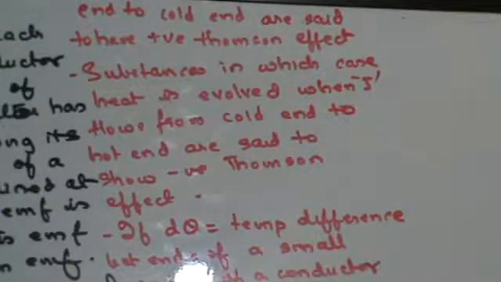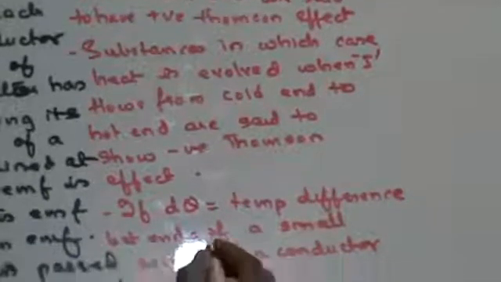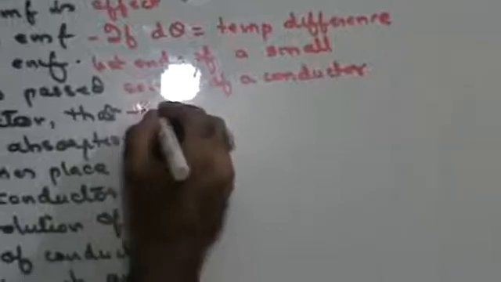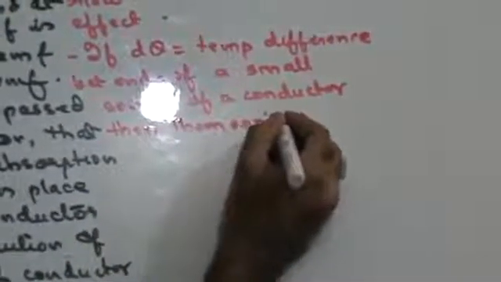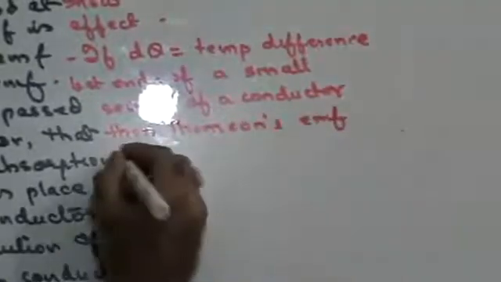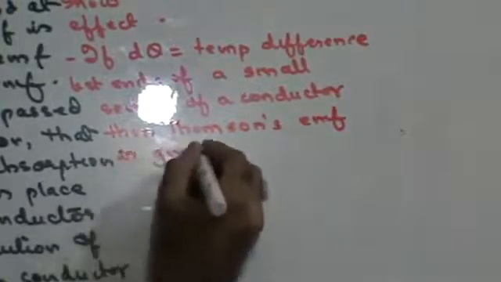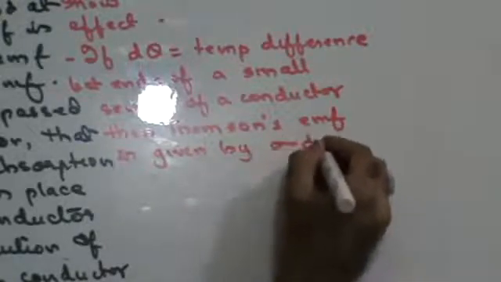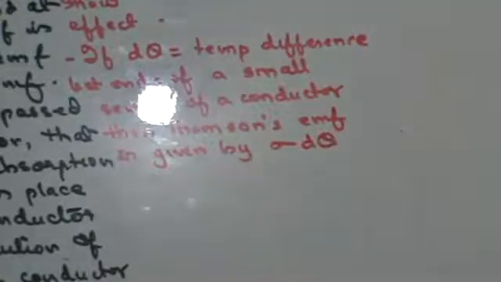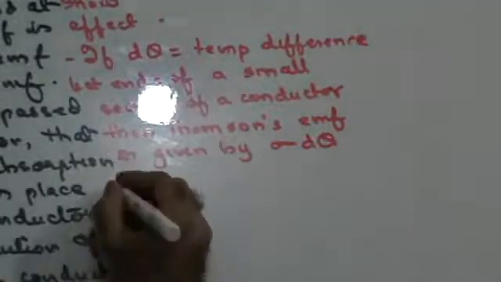Then Thomson's EMF is given by sigma d theta. That would be the EMF that would be generated, where sigma is called Thomson's coefficient.